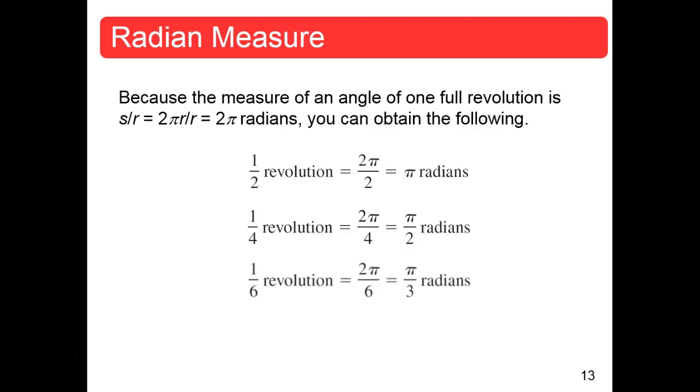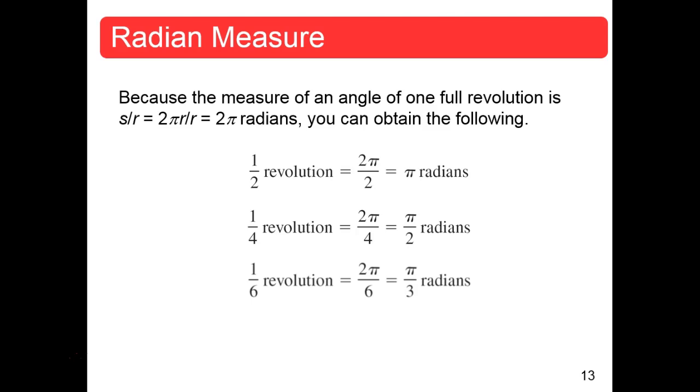Okay. Now, this is what we were saying before. Because the measure of an angle of one full revolution is 2 pi, because it's 2 pi r, which is the circumference of a circle, divided by r. The r's cancel out, and you just get 2 pi radians, or 2 pi.